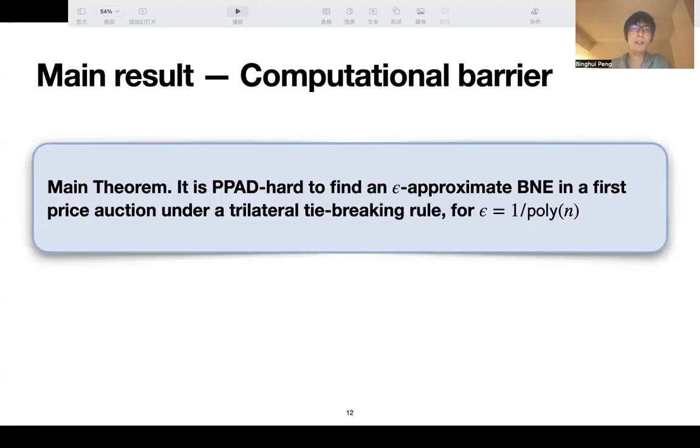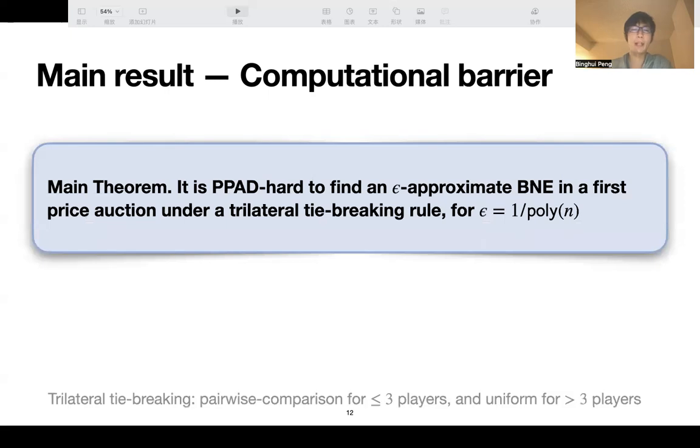So our main result is that we prove PPAD hardness to find an epsilon approximate Bayesian equilibrium in first price auction under a trilateral tie-breaking rule, for some polynomially small precision. Here for a trilateral tie-breaking rule, if there are fewer than 3 players in the tie, then the tie breaking is explicitly described in the input.